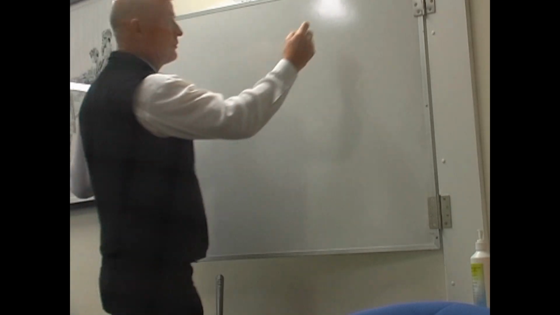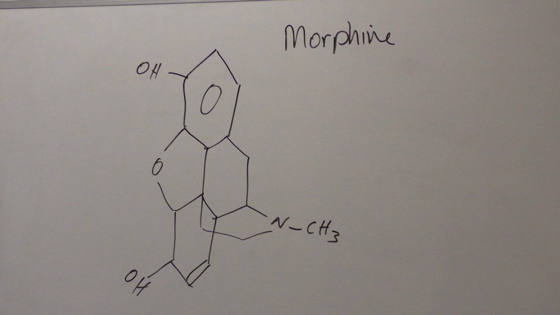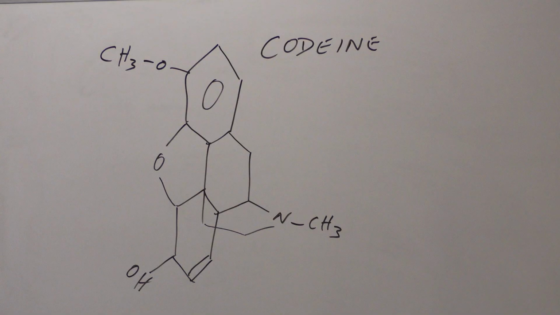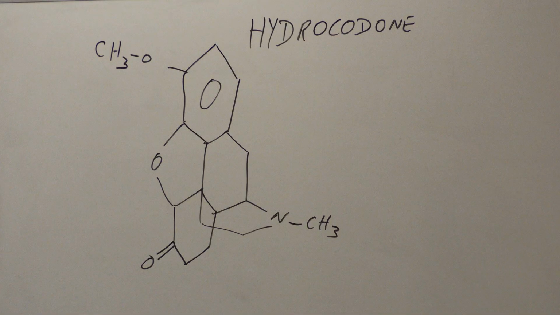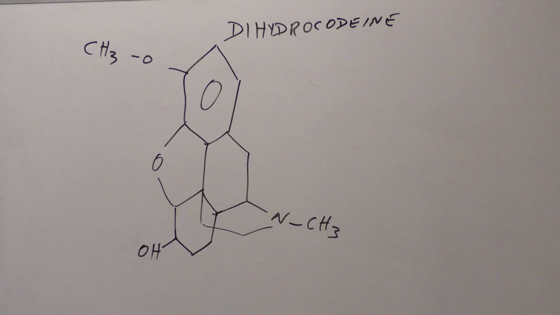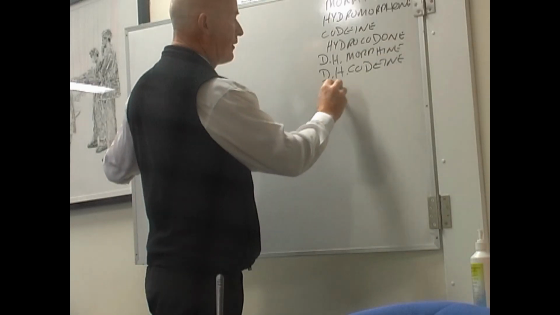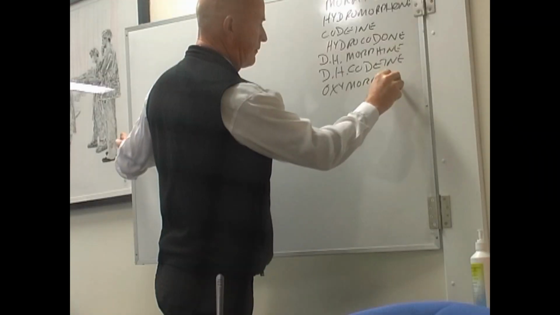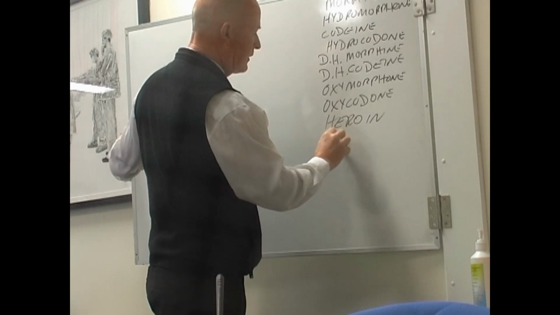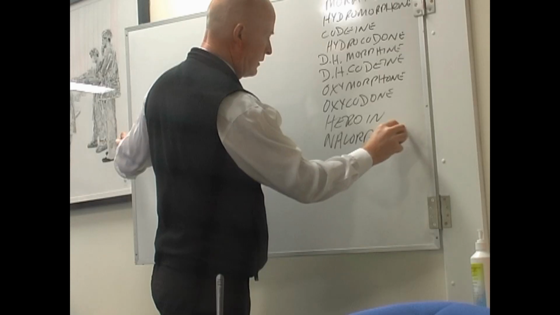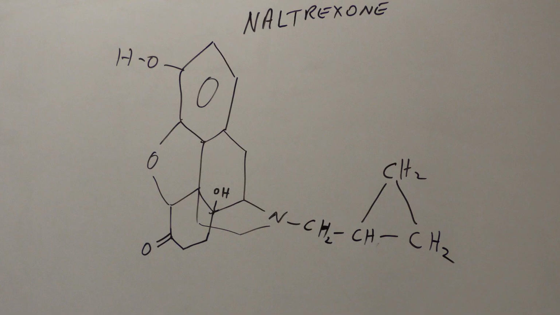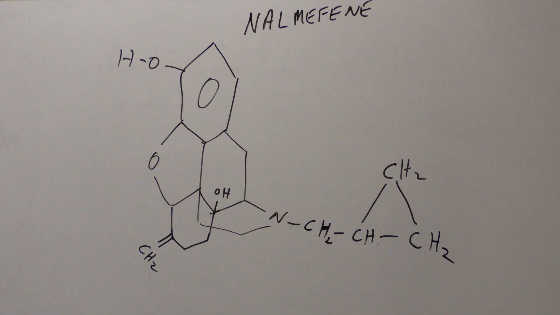And so the sort of agents I'd like to teach you the structures of are morphine, hydromorphone, codeine, hydrocodone, dihydromorphine, dihydrocodeine, oxymorphone, oxycodone, heroin, nalorphine, naloxone, naltrexone, and nalmorphine.